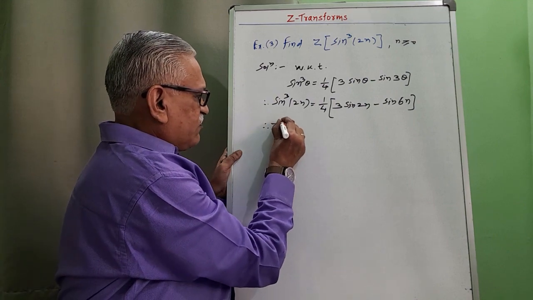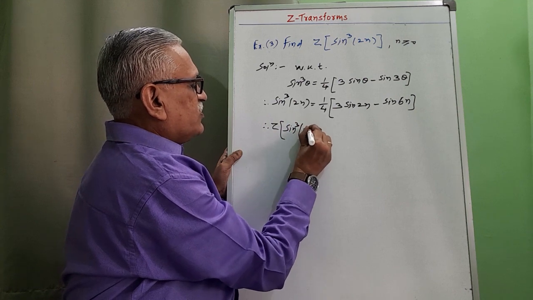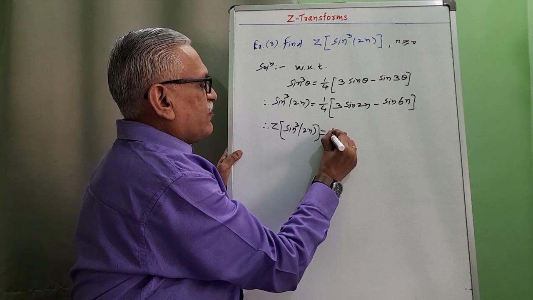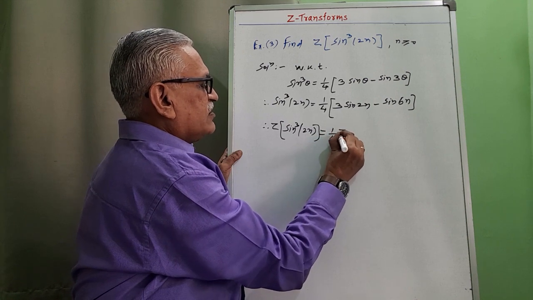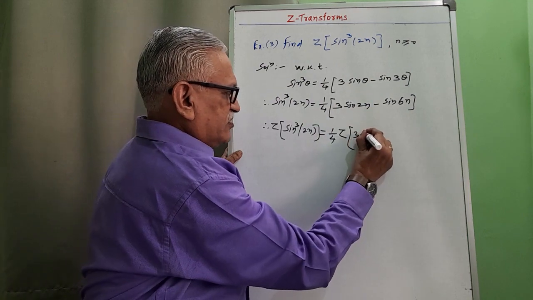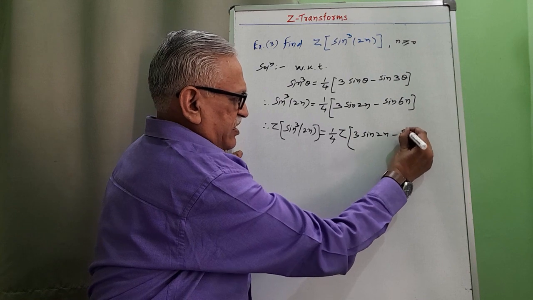Therefore, Z transform of the left hand side sin³(2n) is nothing but 1/4 outside, Z transform of 3 sin 2n minus sin 6n.